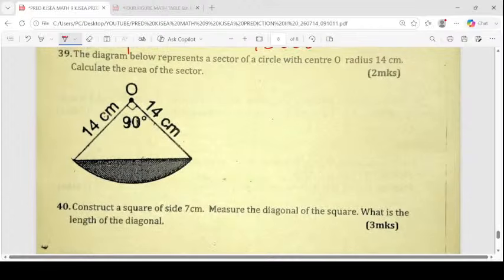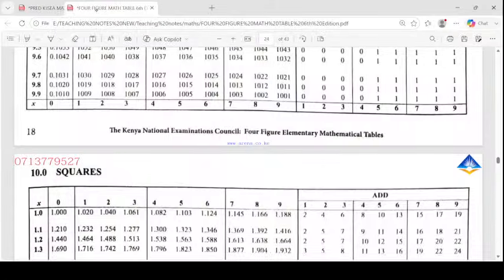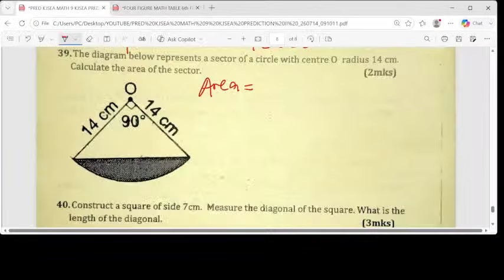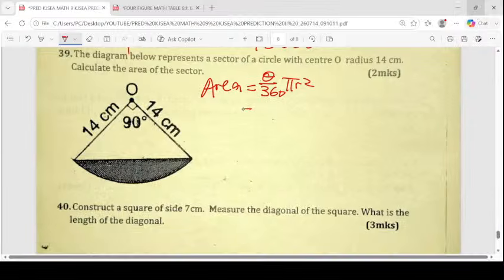Question number 39. The diagram below represents a sector of a circle center O, radius 14 centimeters. Calculate the area of the sector. Area of a sector is given by the formula theta over 360 pi r squared. That is the formula in use. So our theta here is 90.